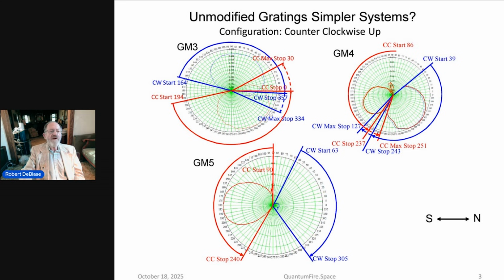These are my grating mirror combinations, and I've just chosen a particular configuration, counterclockwise up. So all of these are counterclockwise up, and they're all different. I mean, gosh. By the way, I've shown the orientation of north-south here.